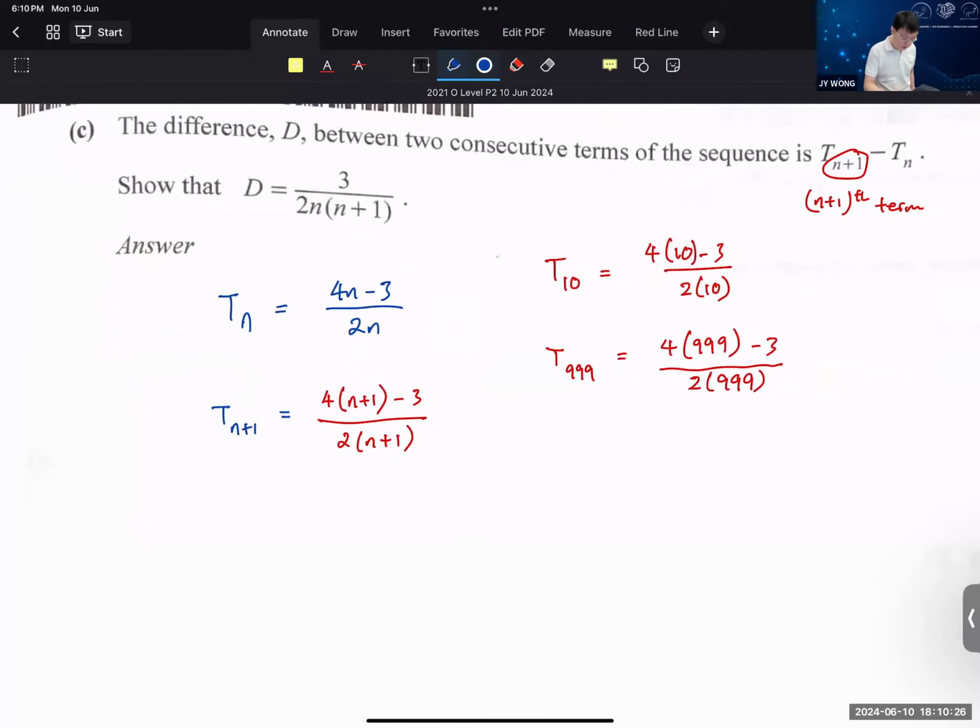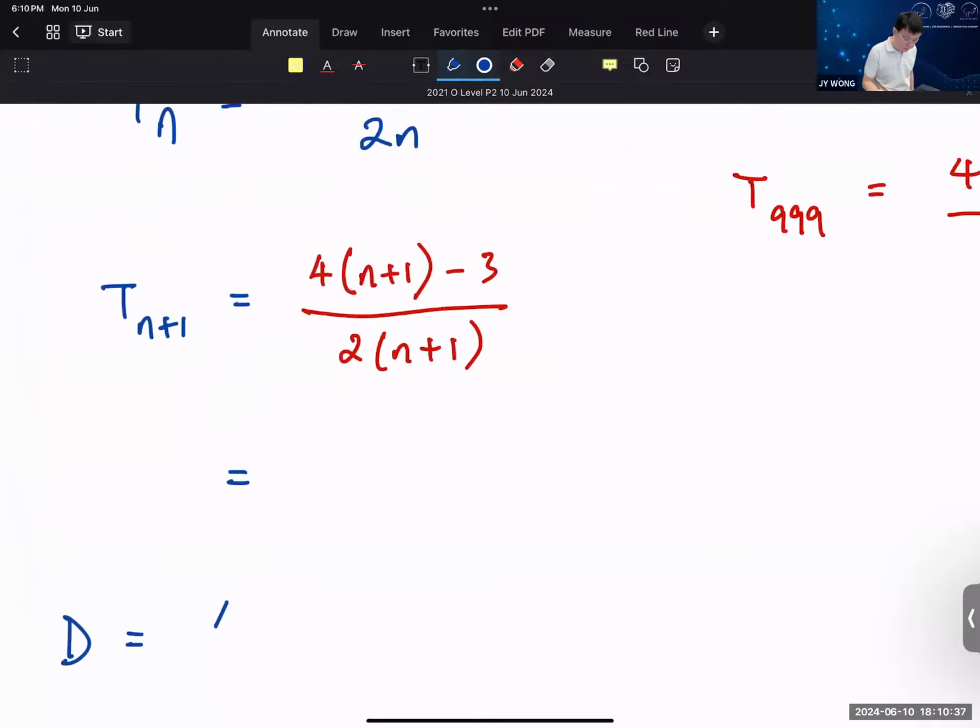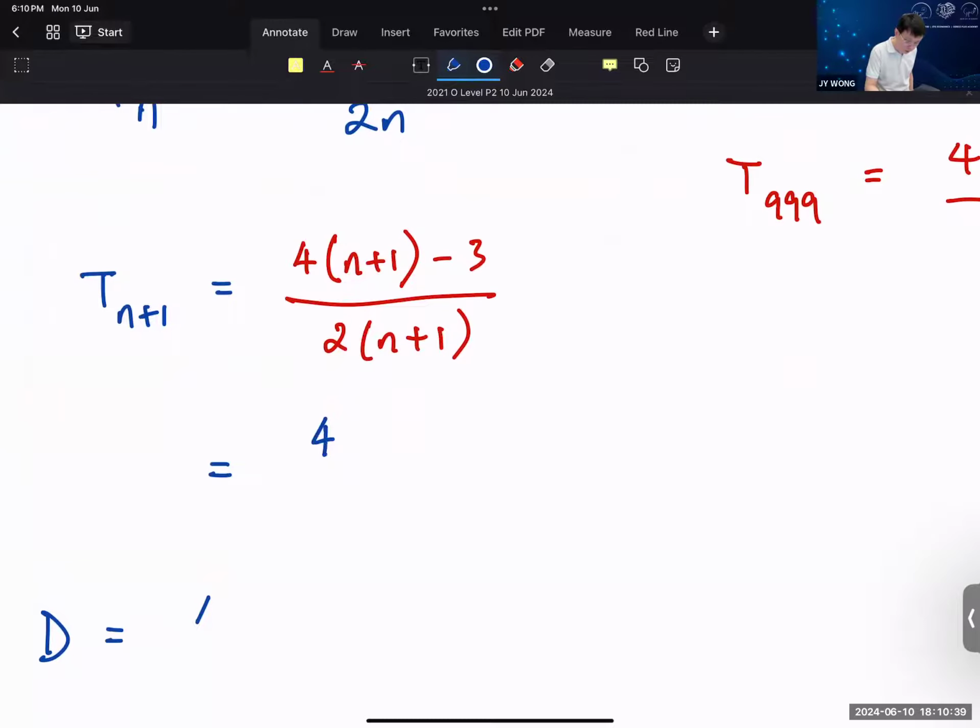Now you need to find the difference d. Sorry, I need to expand Tn plus 1 first, because that will be easier. So 4n plus 4 minus 3 will give me 4n plus 1.